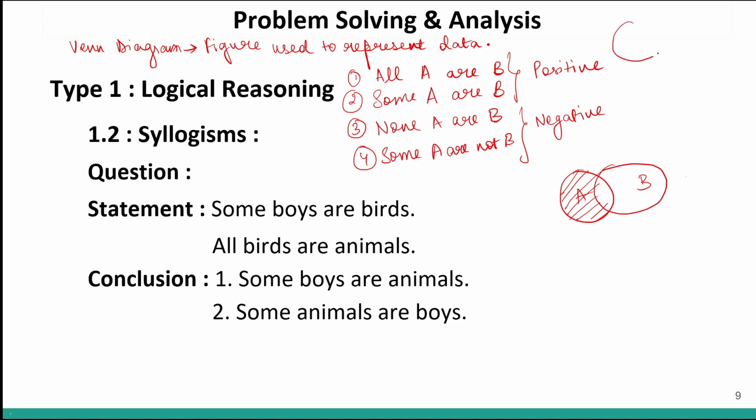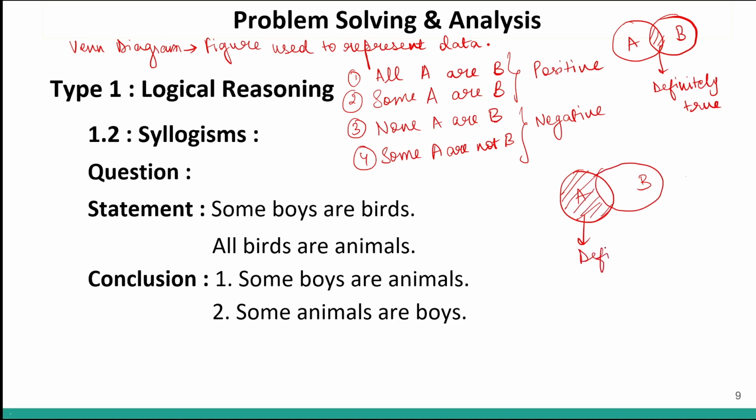When I told you that some A are B, we highlighted this part because this was definitely true. Some A are B means there will be certain part that is A and B both. But when I talk about some A are not B, that means there will be certain part in A which will not overlap with B, this part. So this portion is definitely true.